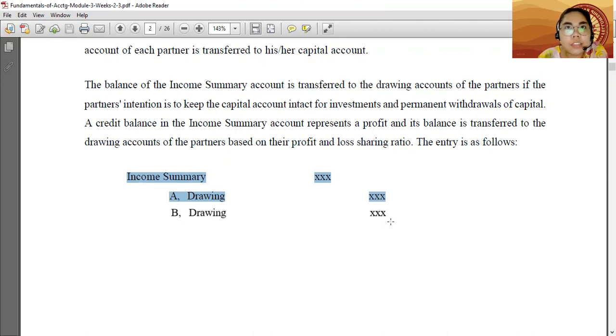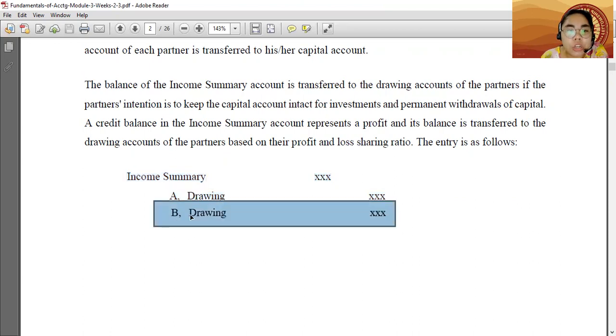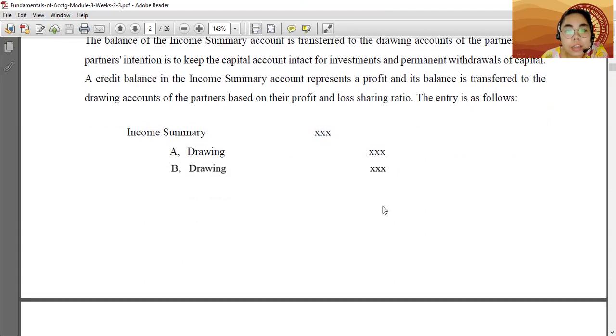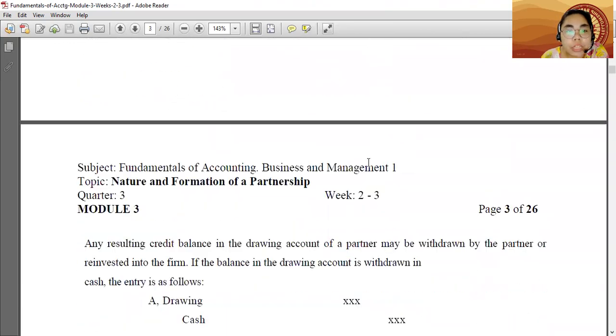So what decreases the drawing accounts? If this is the case where the partner does not want to change their capital account and they want it only for investments and permanent withdrawals, they charge it to their drawing. So if this is the case, their drawing accounts will be decreased. Okay? Since it is income.